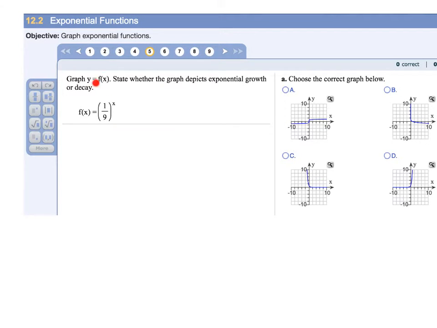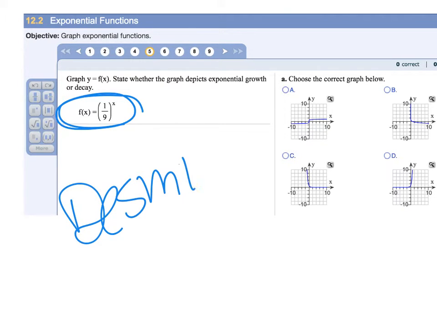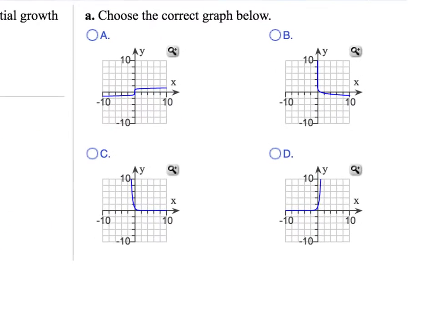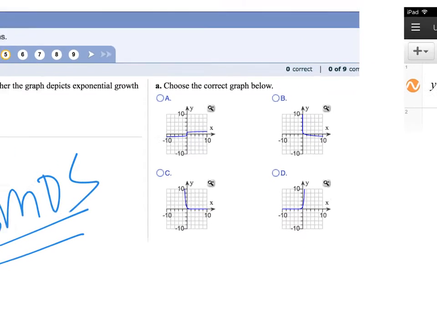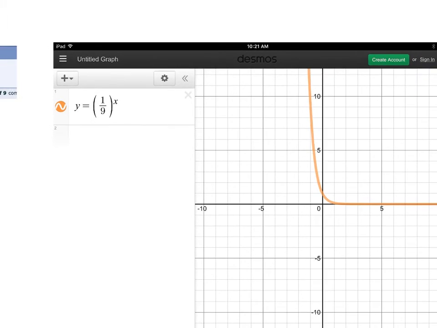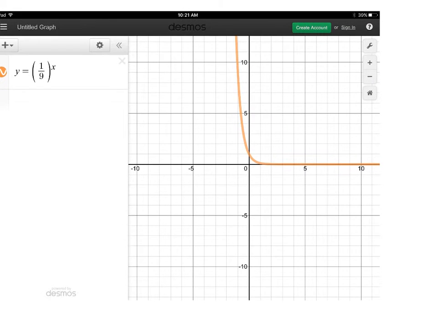So again, we are going to graph this function right here using Desmos, again, our favorite software. And the other thing is I want you to notice the scales again are all, in this case, from -10 to 10. So when I graph in Desmos over here, I have to make sure that my scales are similar, going from -10 to 10 in both cases.